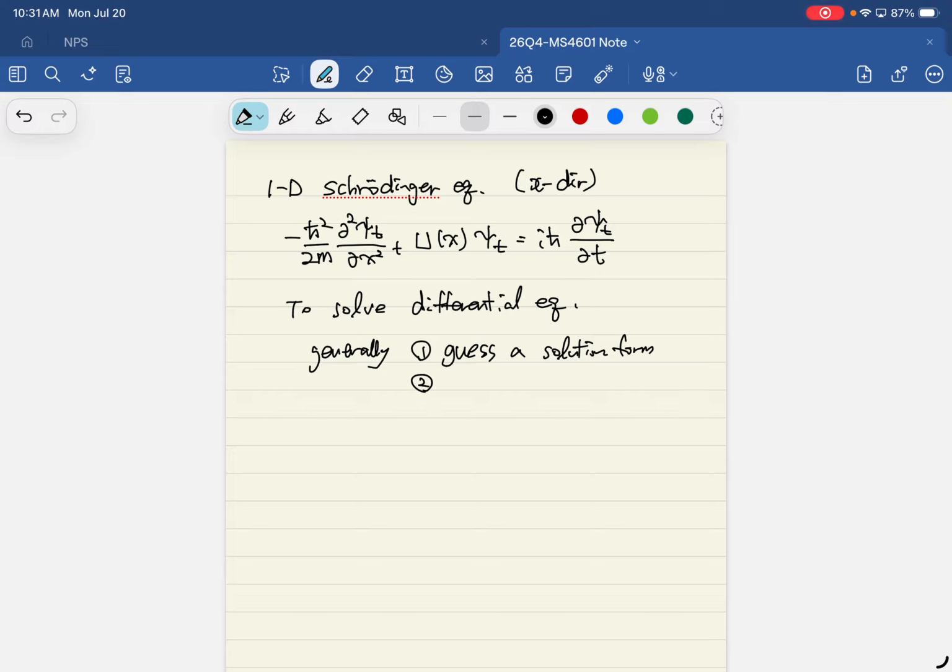Okay, and then you have to check if it works, right? Once you guess, you just substitute inside the differential equation and see if it works. And then once it works, you now determine unknown constants.